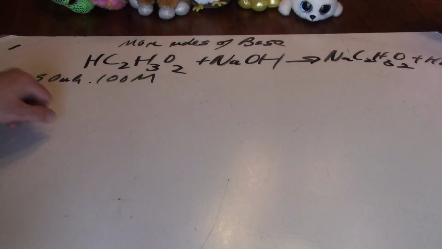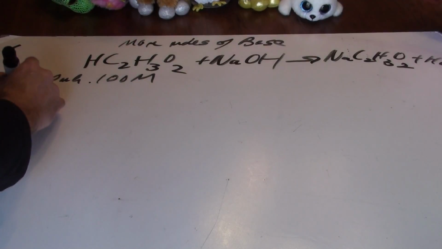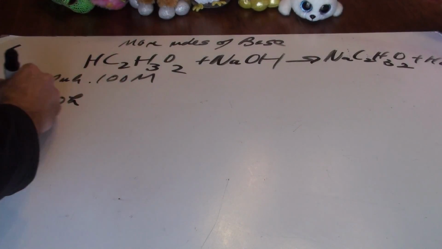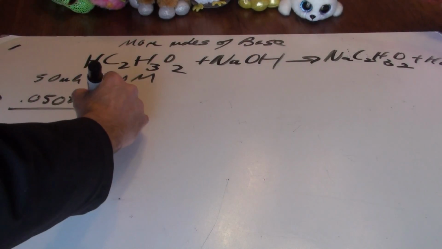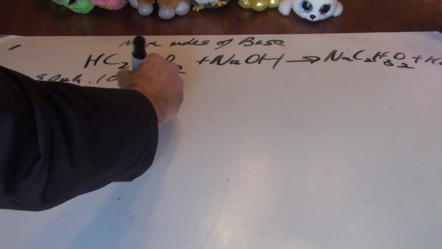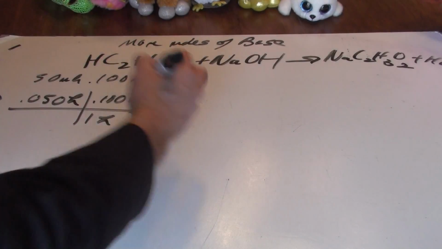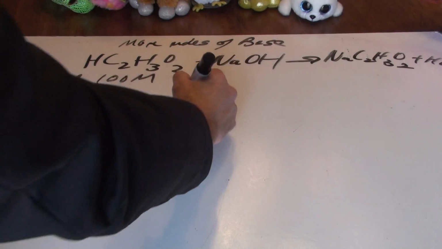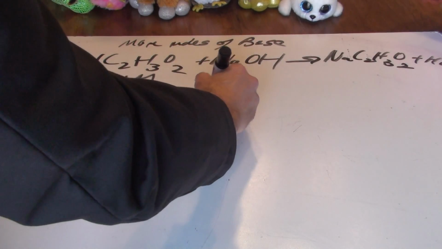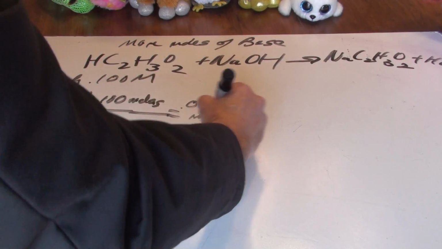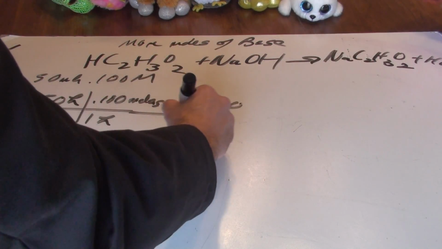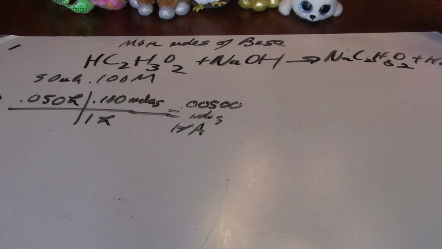For the before, we take our milliliters and convert to liters. So we have 0.05 liters, and in 1 liter there's 0.100 moles of our acetic acid. When we calculate that out, it comes to 0.00500 moles of acetic acid, which I'm going to abbreviate as HA.